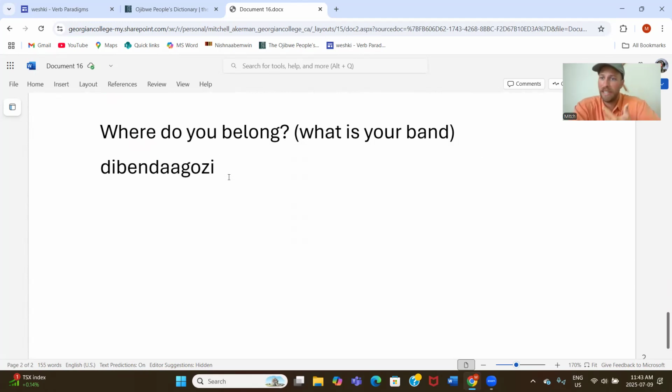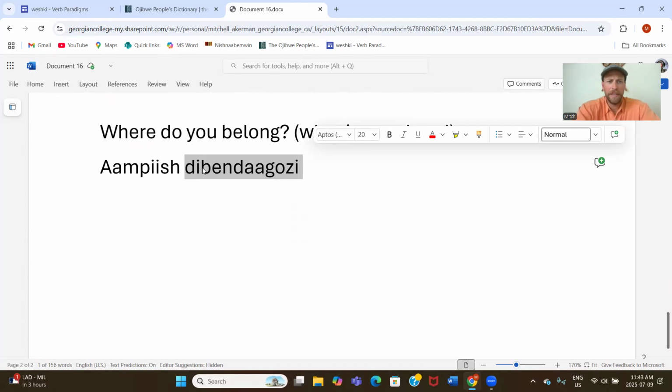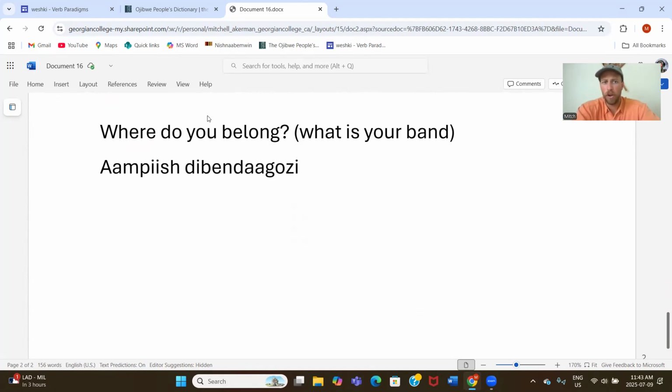Deben dogoze means he or she belongs somewhere. Our question word at the front is going to be ampish. And then the verb needs to be put into C form for you, because I'm asking where do you belong. Up at the front, initial change: I becomes E.